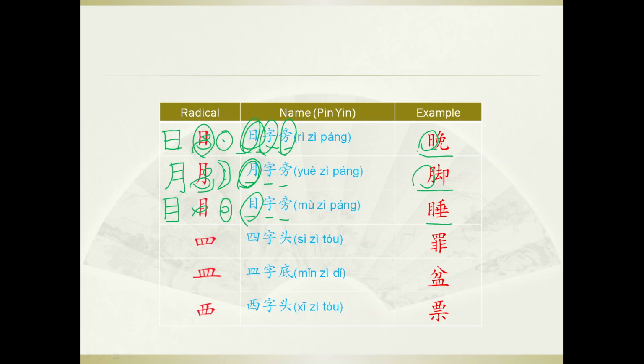Next, 四字头, for head. As you can tell from its name, this radical is usually on the top of a word. It looks like the horizontal version of the previous radical.